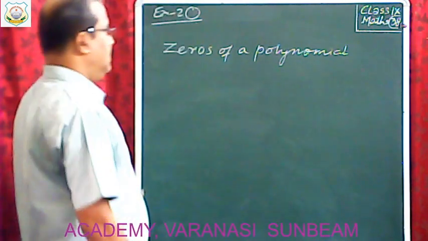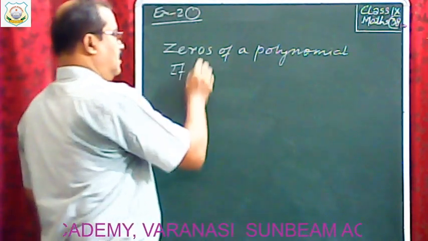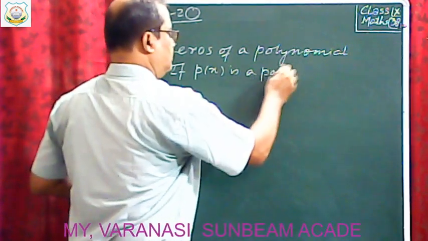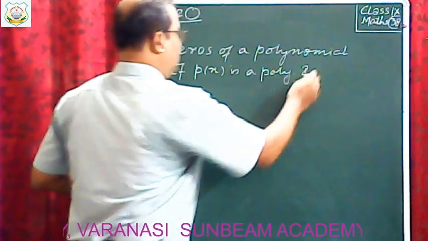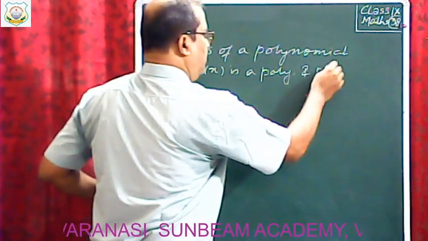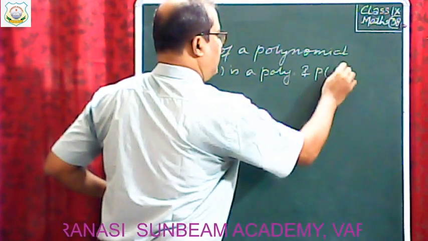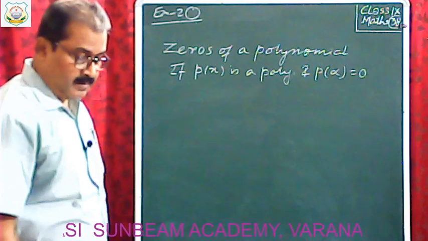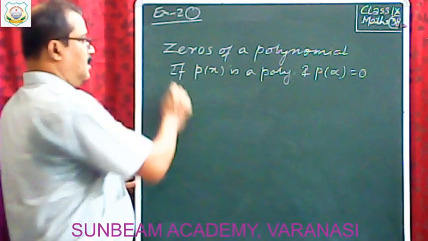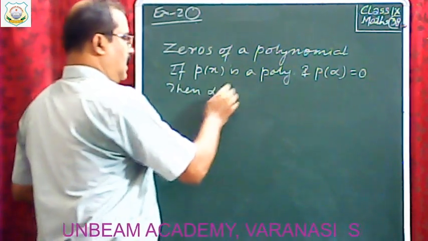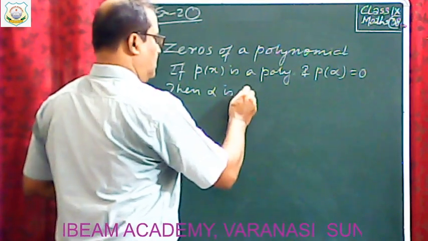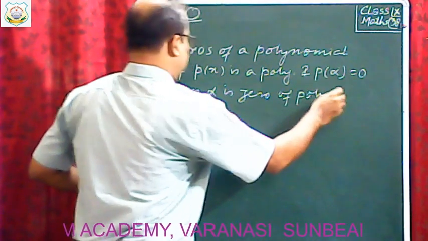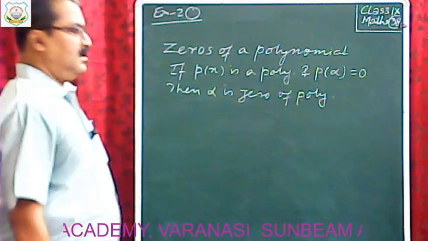Nothing else. If p(x) is a polynomial and p(alpha) equals 0, alpha a real number, then alpha is a zero of the polynomial. Means what?